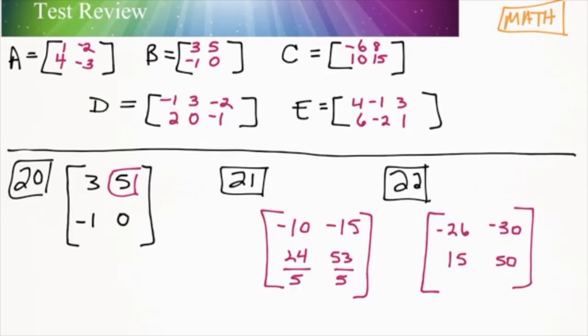Let's do the 20, 21, and 22. 20 says the first row and the second column, where notice where the intersection is, that's 5. So it's basically the answer is just 5. Okay? Notice also that these answers are in fraction form.